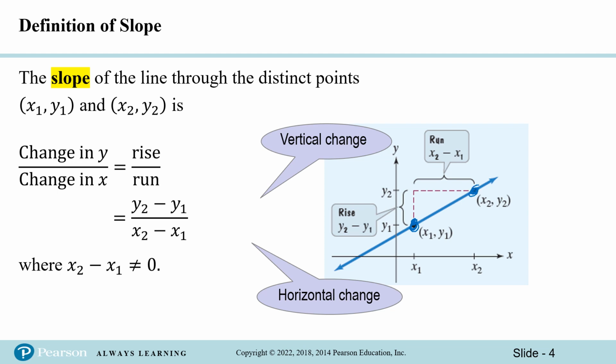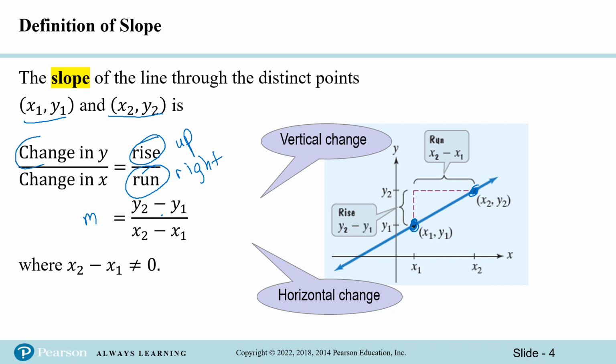If we use rise over run, that would be how far we go up compared with how far we go to the right. That is one way to find the slope. Or we can use the actual formula: if we're given 2 ordered pairs, y sub 2 minus y sub 1 over x sub 2 minus x sub 1.